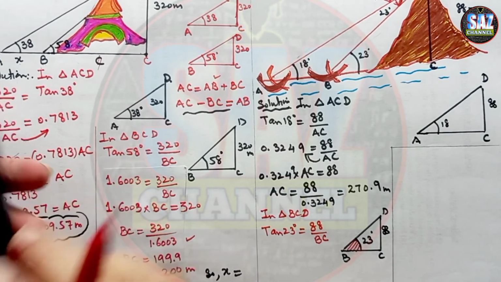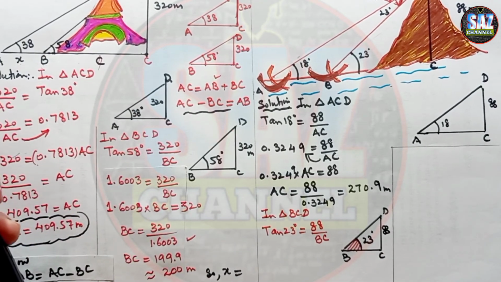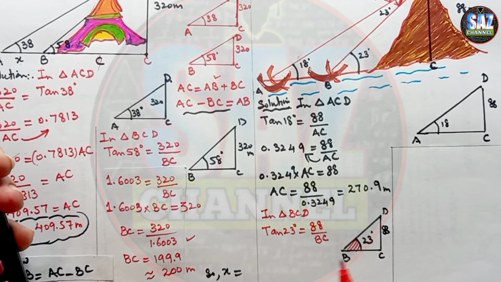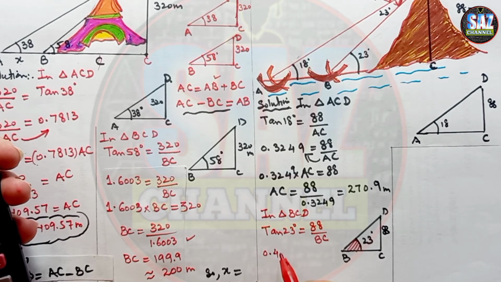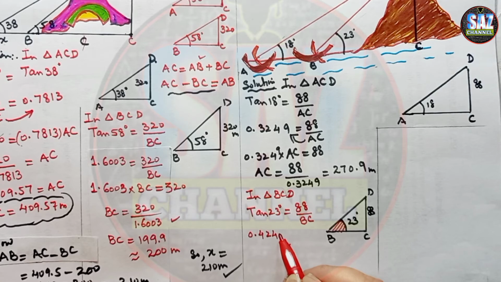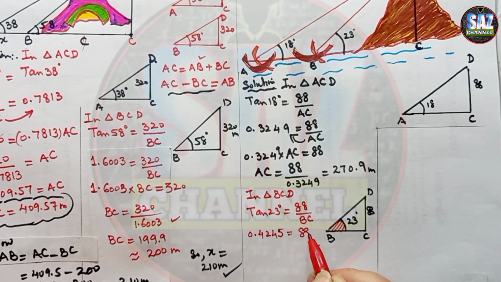Check the value of tangent 23 degrees. Tangent 23 degrees gives me 0.4245, so I can take it that 0.4245 equals 88 upon BC. Now 0.4245 multiplied by BC equals 88.